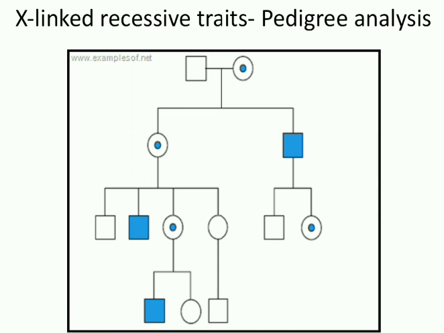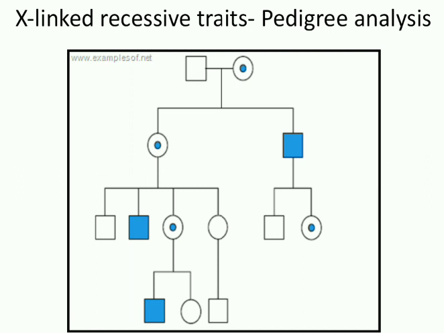Next point, parents to siblings. If you see, the affected male is transmitting the disease. He is transmitting the abnormal gene to his daughter, who is a carrier. He is not transmitting the abnormal gene to his son. Why? Because he is transmitting only the Y chromosome to his son, no?